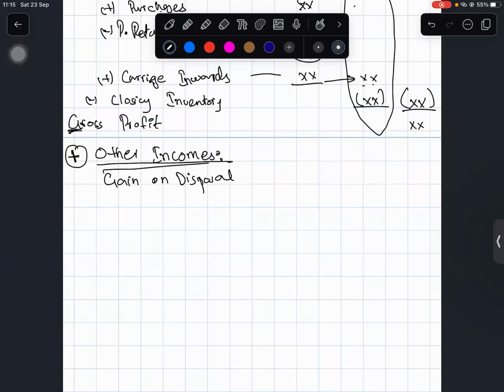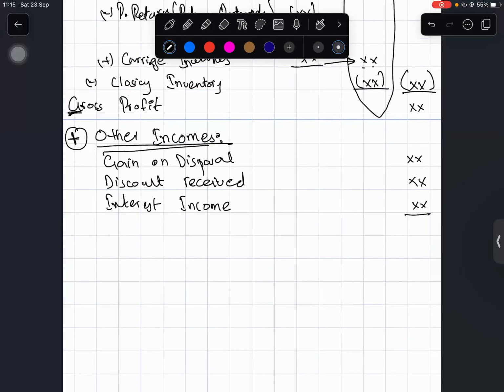So that gain actually comes here, and we can also have discount received, which we write here. We can have interest income. All of this will be given to you. Whatever is given, you will write here. So you will add other incomes. You will write the total amount here.